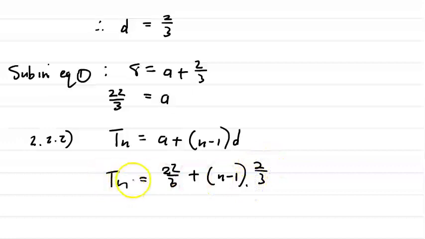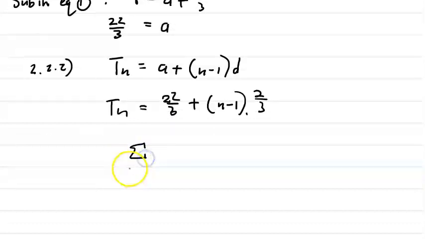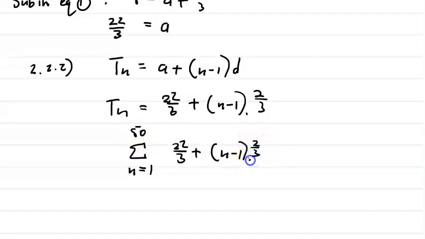So that's my formula. To write it in sigma notation will be as follows. There's my symbol for sigma notation, and I'm going to say n is going to start from 1 and go to 50 terms, and here it's going to be 22 over 3 plus n minus 1 times 2 over 3. If I want, I can just put that in brackets like so.